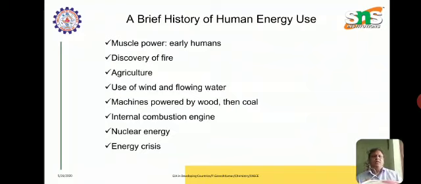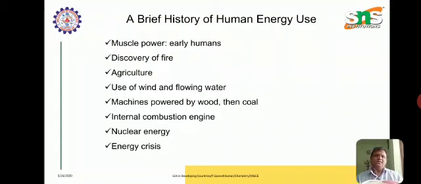So, a brief history of human energy resources. In the beginning, early humans used their muscle power as energy. Then after the discovery of fire, and the discovery of steam engines and the things we are able to run with steam, coal usage increased. In steam power plants, coal has been used a lot. For agriculture, in the beginning we were plowing with ordinary cattle and some kinds of materials.